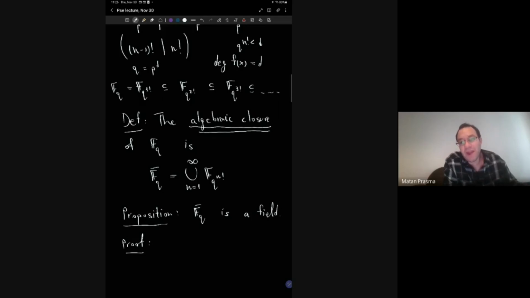So it cannot have all the roots in F_{q^(n!)}. So if I want a unifying framework in which every polynomial splits, then I need to go up the ladder to infinity. I push my problem to infinity, and then it gets solved.